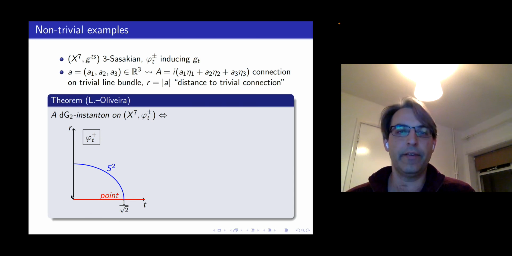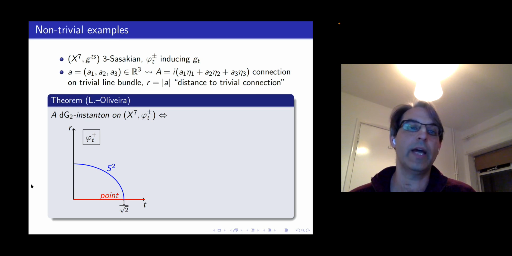So here is the size of A, which we called R, and here's the parameter T. Then if I take the G2 structures phi T plus, then for all T, I have the trivial connection. That's a DG2 instanton in a trivial way. But then I also have a non-trivial family, which is actually an S2 family of DG2 instantons that exists for all T's strictly between 0 and 1 over root 2.